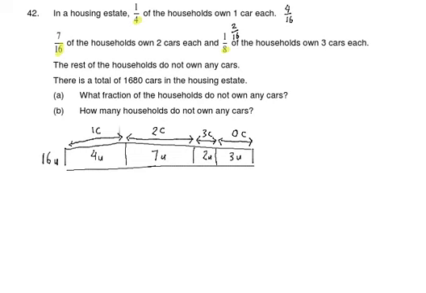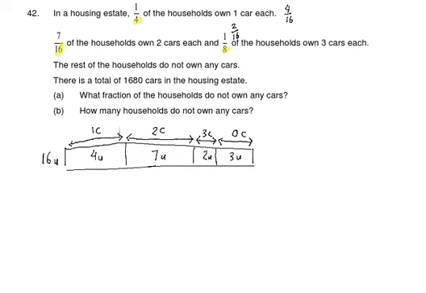Because 3 out of 16, right? So for part A, the answer is 3 over 16. Then the second part is the slightly tricky part. How many households do not own any cars? You know that 16 units is the total number of households, yes or no?